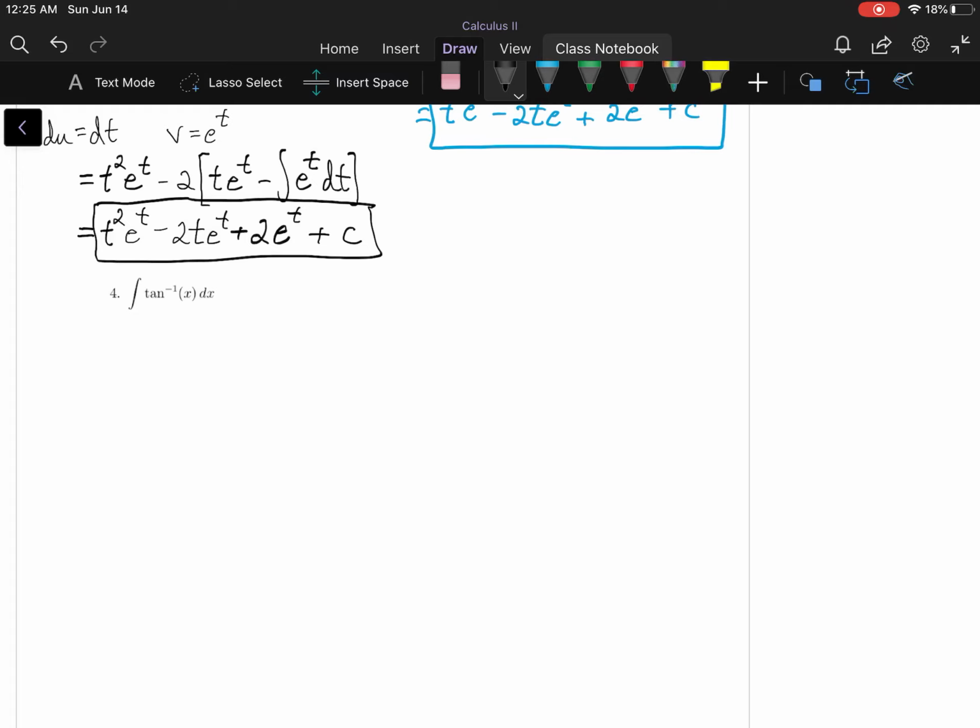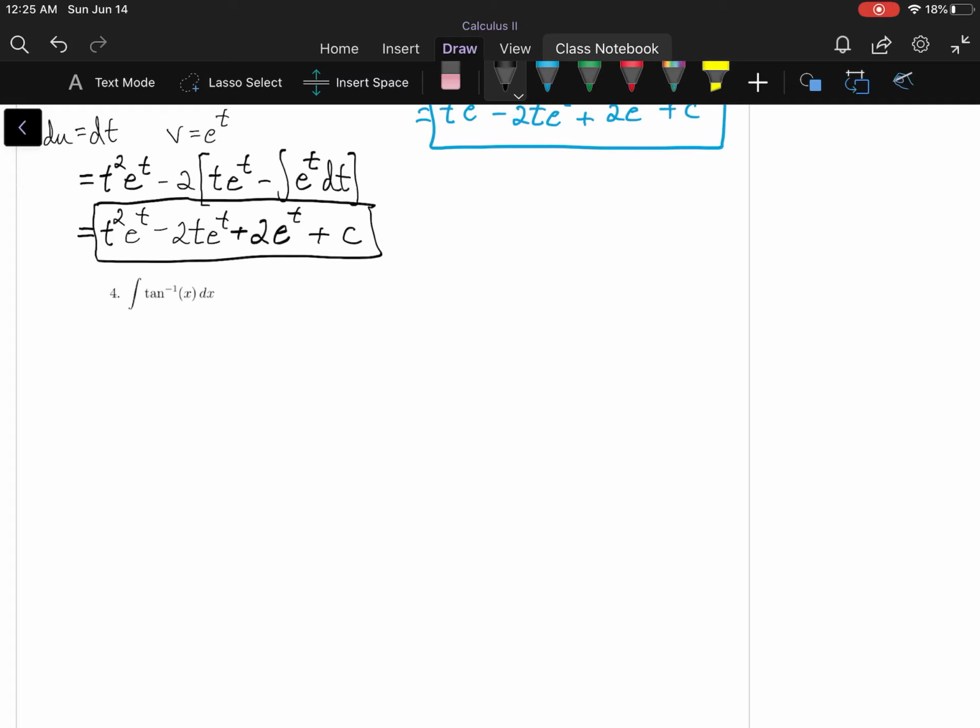So in 4, we've got the integral of the arctan of x. And this is another one where it looks like you don't have a product, but you could view arctan times a 1 dx. And so there is secretly a product hidden in there. And this is another one of those exceptions where instead of letting u be the 1 dx, I'm going to let u be the arctan function.